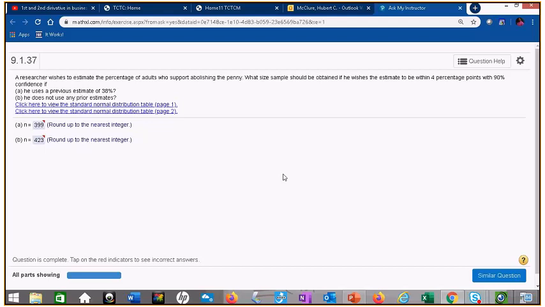If you type in 0.38 and 0.62, you're going to get 399. If you type in 0.5 and 0.5, you're going to get 423. Still doesn't matter, because a good person would do 450 or 500, so you'd have both of them covered.